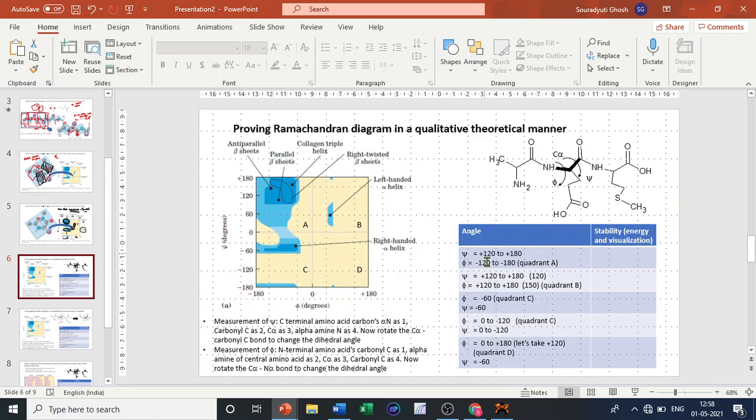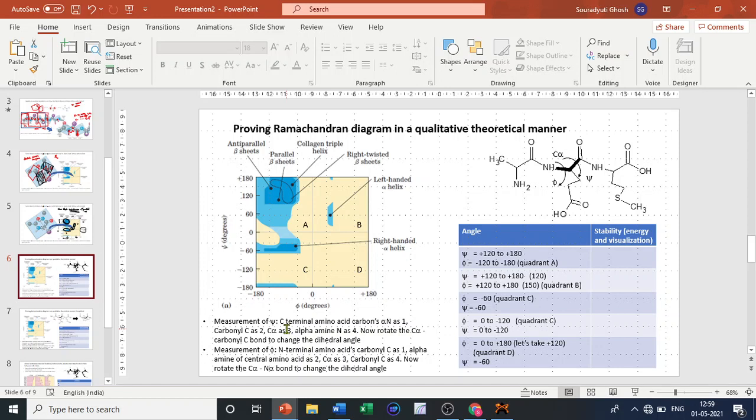We will look in the Avogadro model and see the relative energy for the various angles written here. I have written these 4 quadrants as A, B, C, and D. We will measure the relative energy in each of these quadrants, write them down, and see if the model is correct or not.